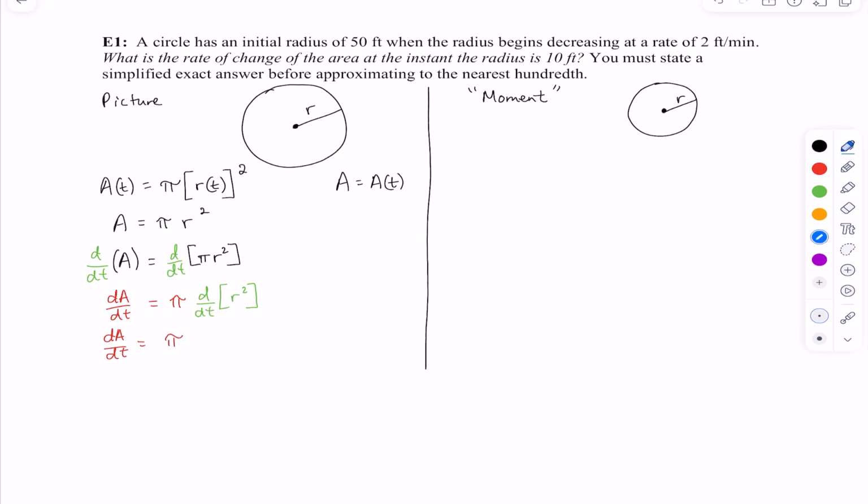So it's the derivative of the outside function evaluated at the inside function, times the derivative of the inside function, which is simply dr dt.